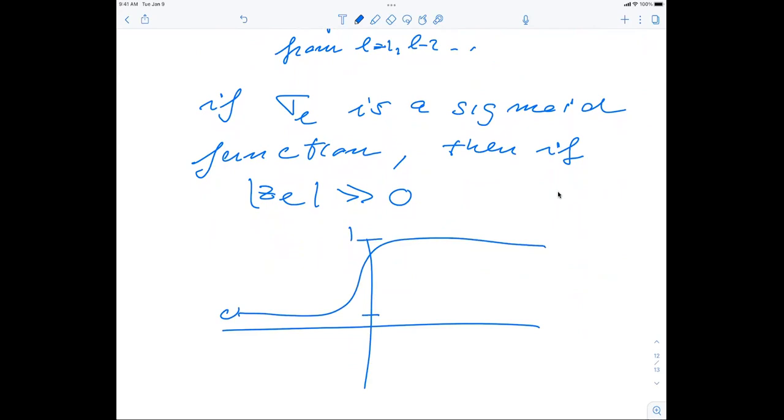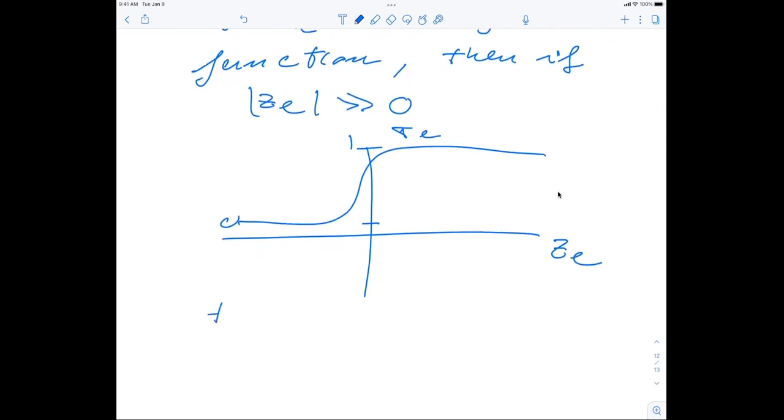And what you see now as a function of z of L, so this will be sigma of L, is that when z of L is very large, the function is almost a constant. When it's a constant, then the derivative is getting close to 0. So then this derivative of sigma L, of z of L, goes to 0.